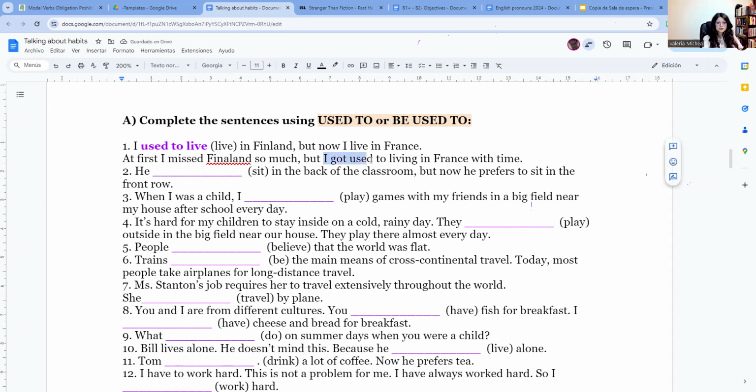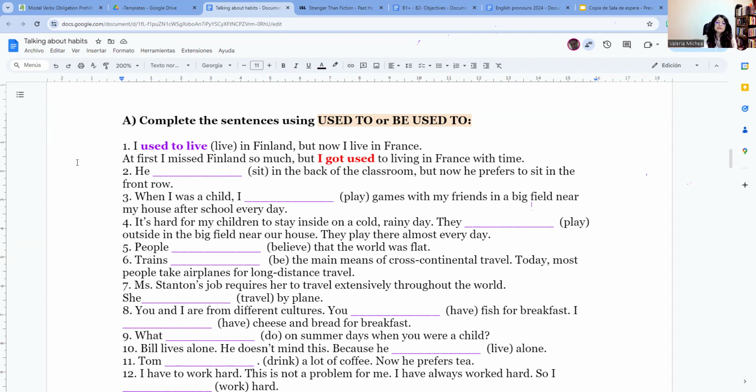Right? So I got used to, I acquired a new habit, a recent habit. All right, so yeah, that's also how you can use the other structure that we are not including here.